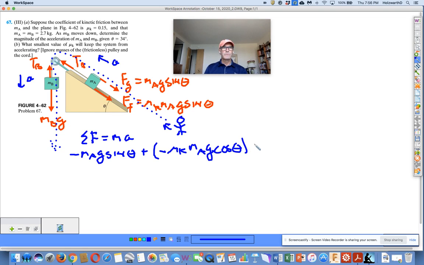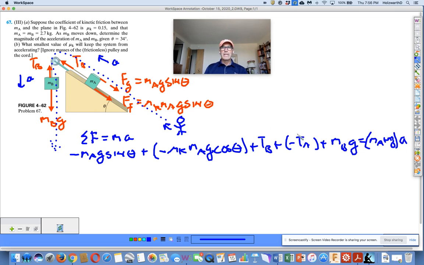The next force we come to is positive the tension on B, and then up and over the pulley and down we have minus T sub A, plus, on the way down, plus m sub B g. And that equals the mass of the system times the acceleration of the system. All right. And that is m sub A plus m sub B, quantity, times a.